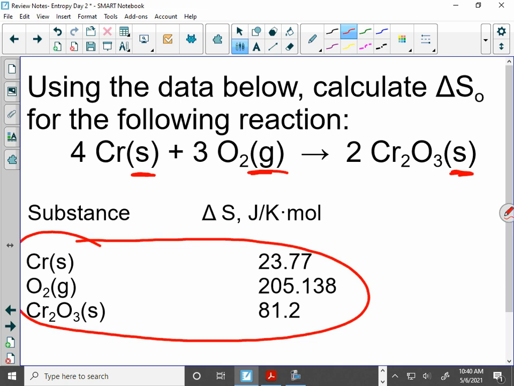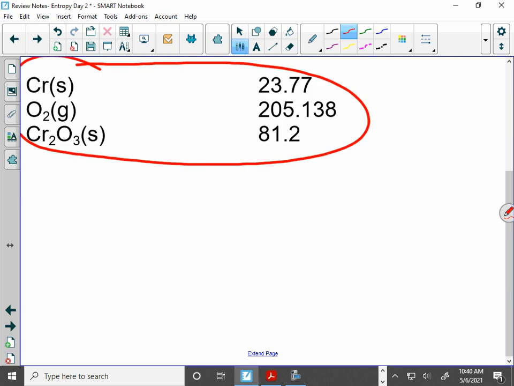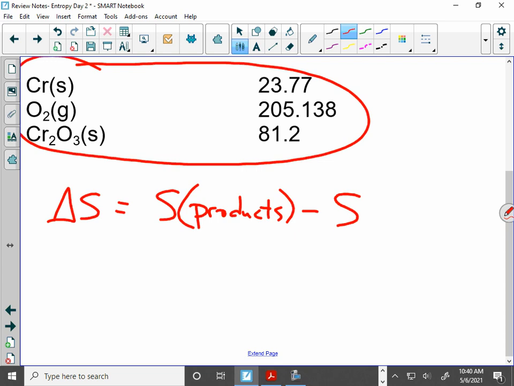Well, how do I calculate the entropy? I use this equation. The entropy is equal to the entropy of the products minus the entropy of the reactants.